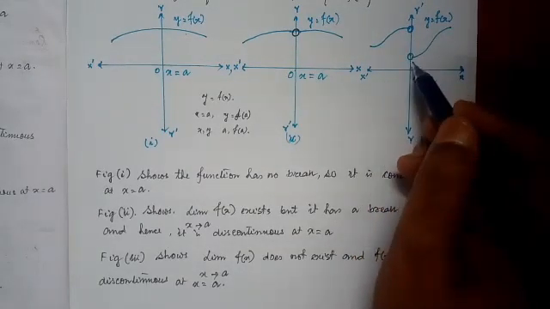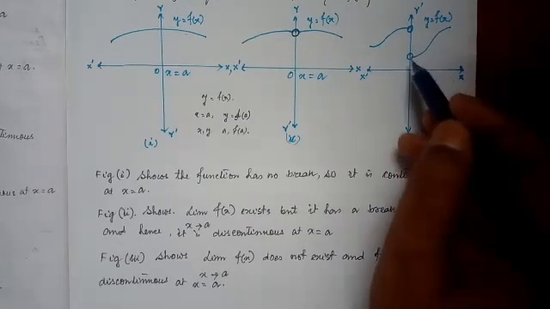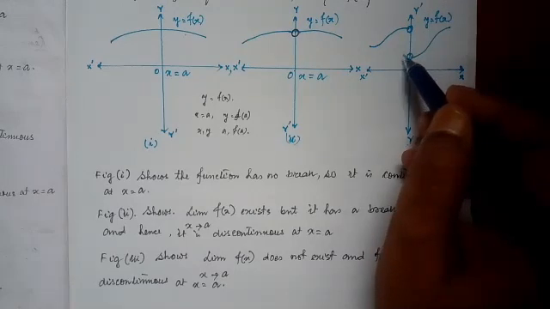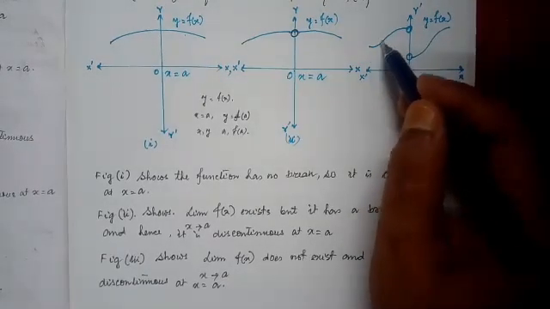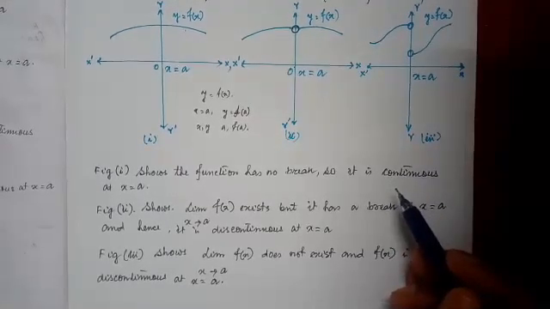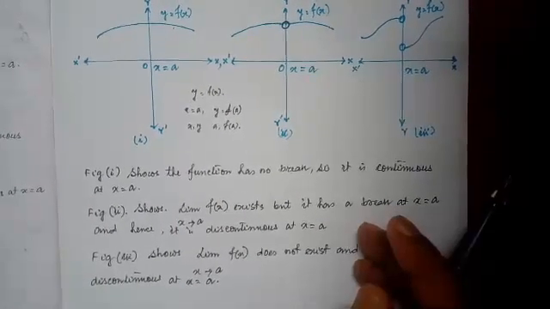The limit of f of x as x tends to a does not exist, because these two values are different. That is, the left hand limit is not equal to the right hand limit, hence it is not continuous at x is equal to a.